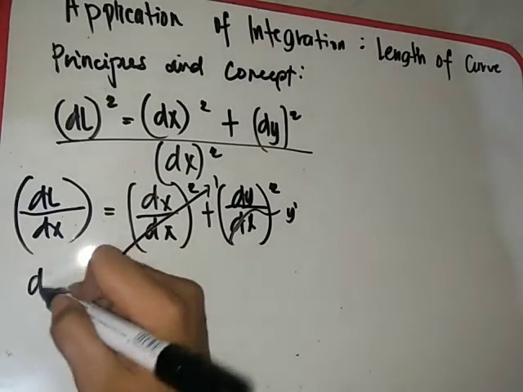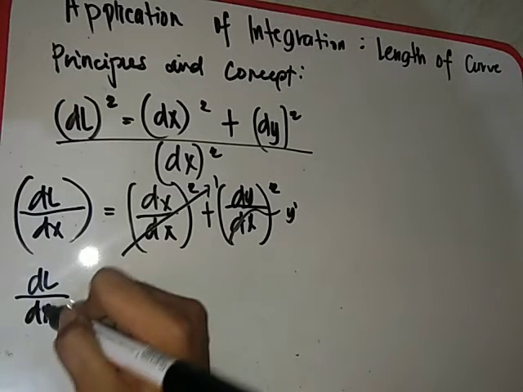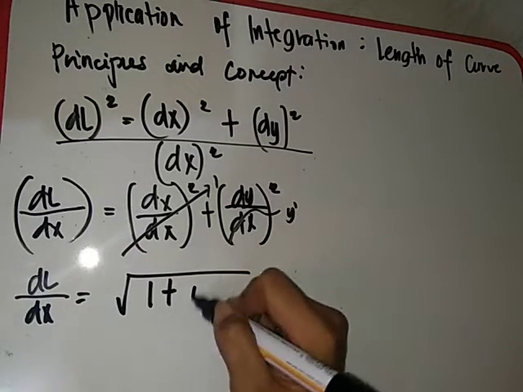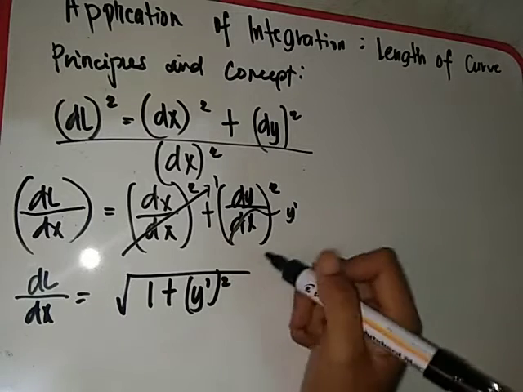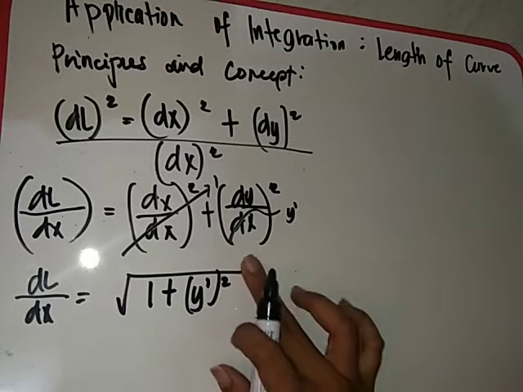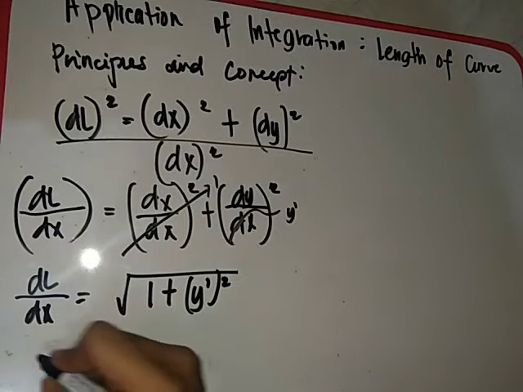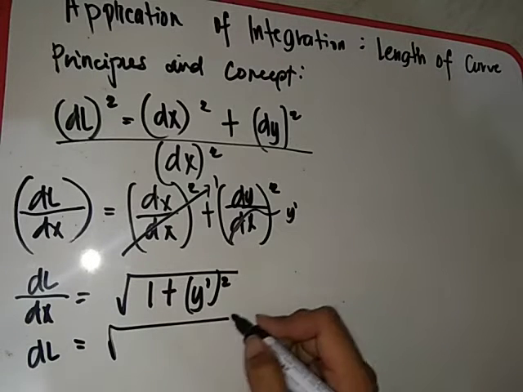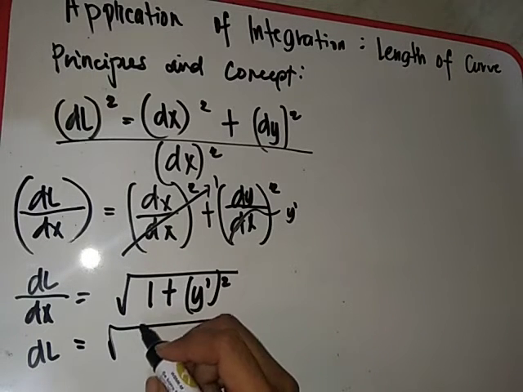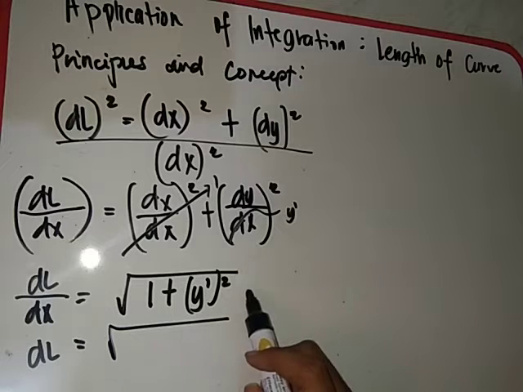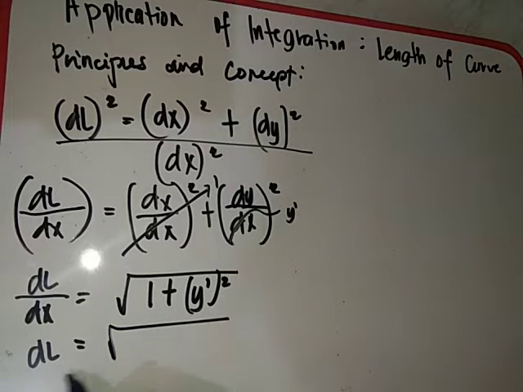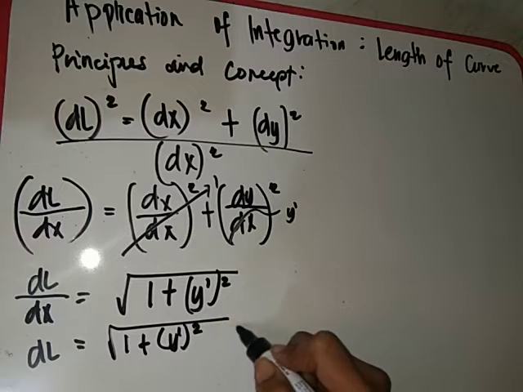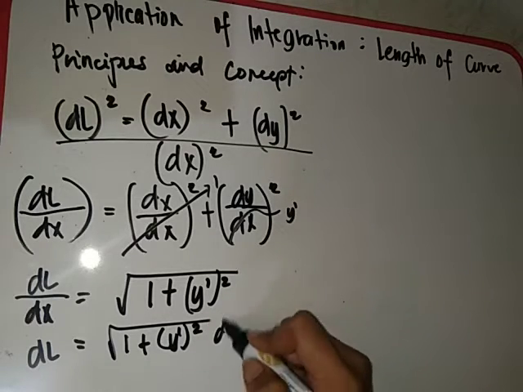So we have dl over dx is equal to the square root of 1 plus y prime squared. If we transpose dx here, dl is equal to the square root of 1 plus y prime squared dx.